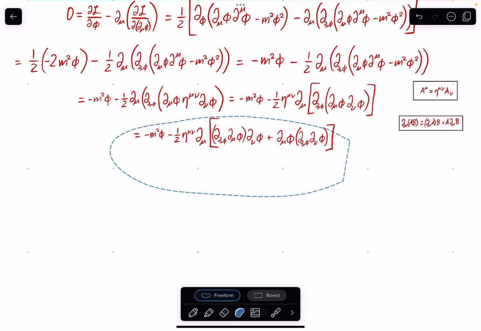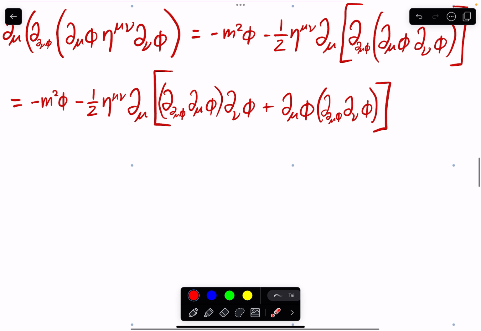Okay, so we now have the derivative with respect to the gradient of phi of the gradient of phi, and then the derivative with respect to the gradient of phi of the gradient of phi, but with a different index.